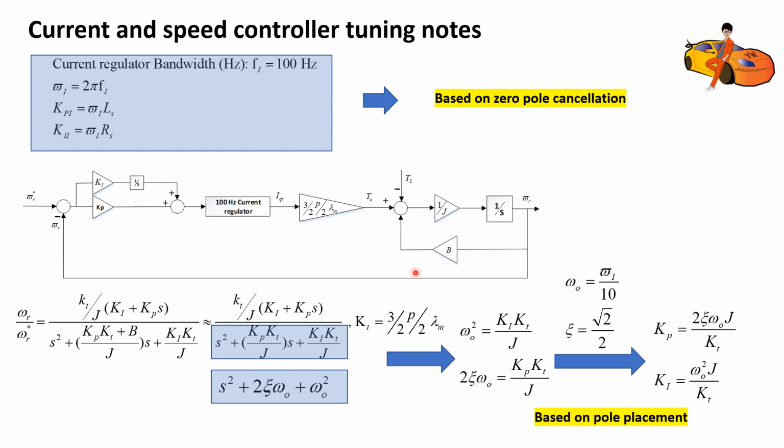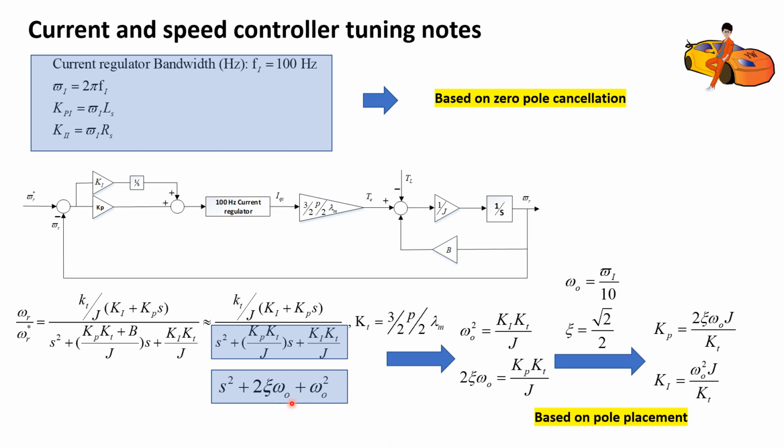The paper also proposed a tuning solution to tune this KP, KI if you know the plant parameters. In this case, if you do the math, you will derive the closed loop transfer function, and it has this second order characteristic equation.